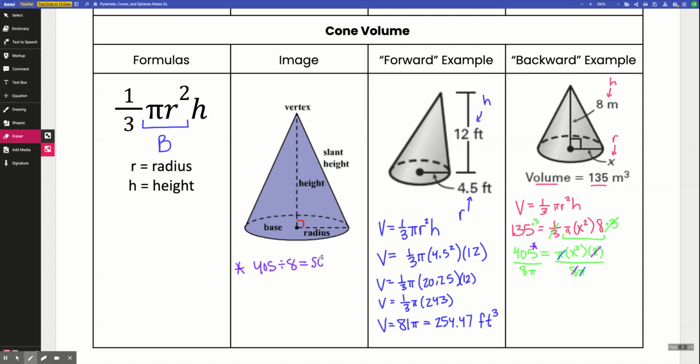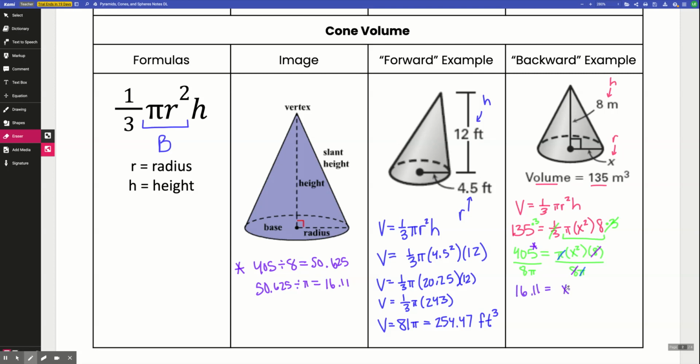So I got 50.625, and then do 50.625 divided by pi. So you got to do that in 2 steps in your calculator, okay? Because your calculator doesn't really know. So when I do 405 divided by 8 and then divided by pi, I got 16.11.